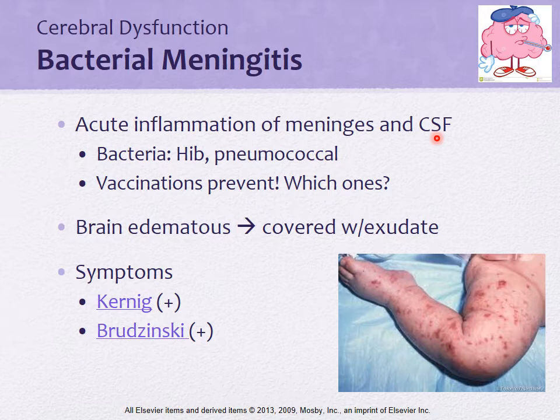What you'll typically see anywhere from 2 years old to an adolescent will be irritability, fever, chills, headache, vomiting, nuchal rigidity. Remember that really hurts when they're trying to turn their head from side to side. The Koenig sign will be positive.